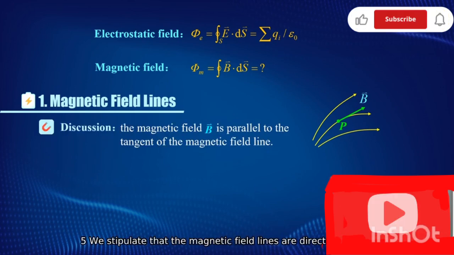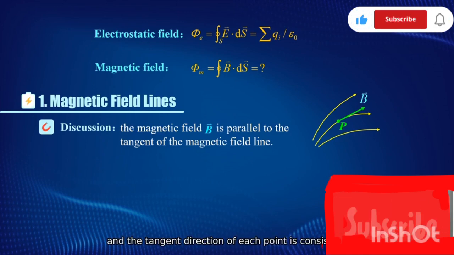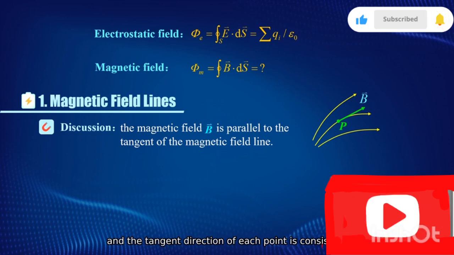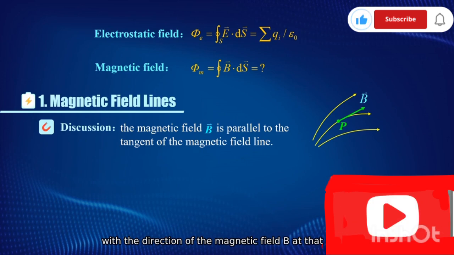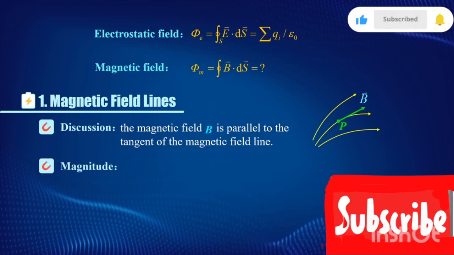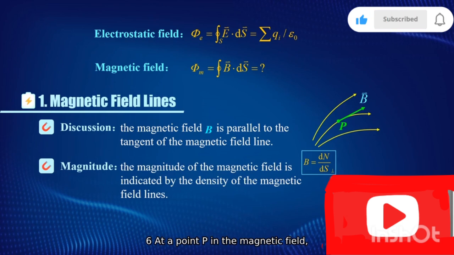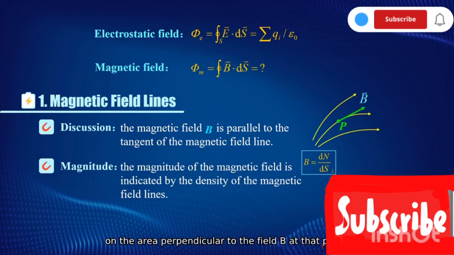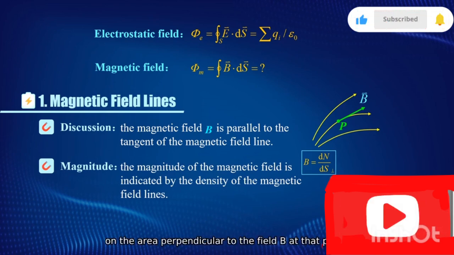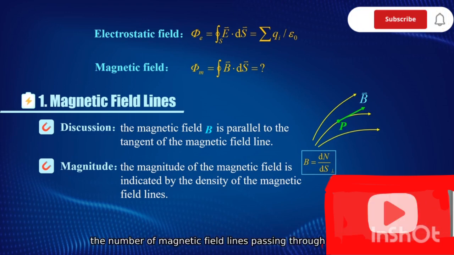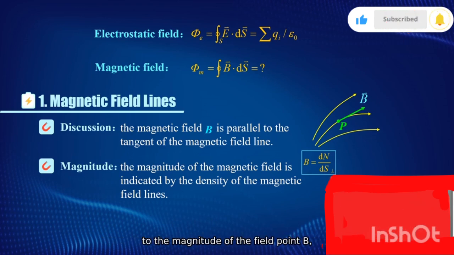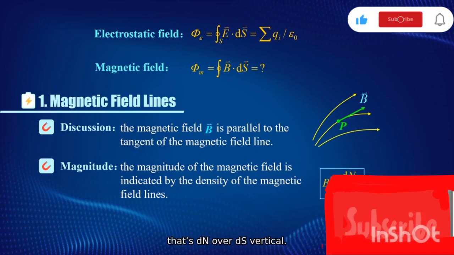We stipulate that the magnetic field lines are directed curves, and the tangent direction at each point is consistent with the direction of the magnetic field B at that point. And at a point P in the magnetic field, on an area perpendicular to the field B at that point, the number of magnetic field lines passing through is equal to the magnitude of the field B. Thus B = dN/dS⊥.